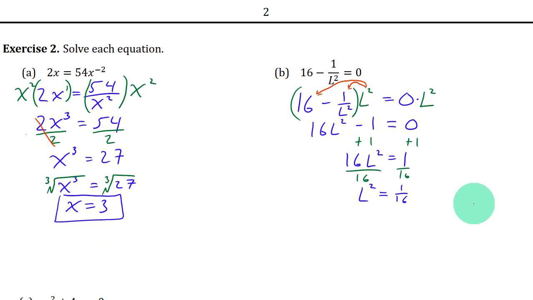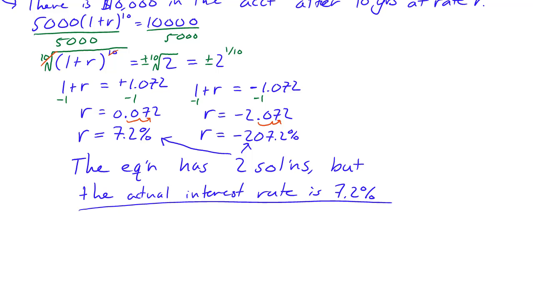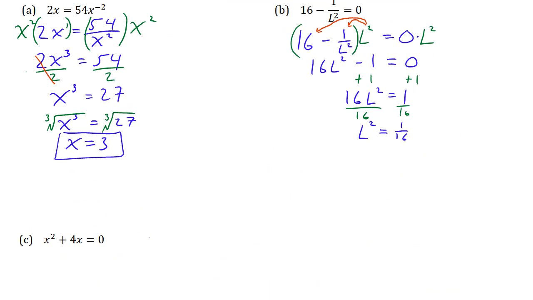So we want to take a square root here. But what is the rule for taking square roots? Let's go back up to the notes. This rule here, whenever you take a square root of both sides, always include plus or minus on one side. So we got to do that here. Because the square root of L squared will cancel out.